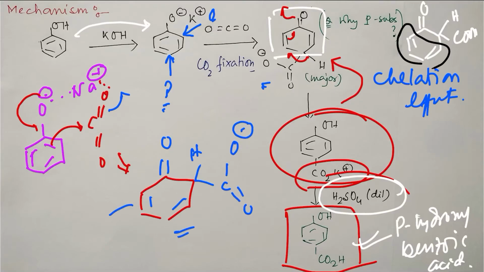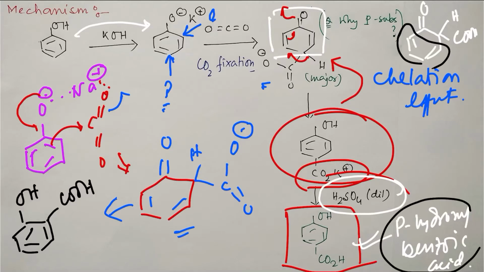Okay, and in this case, after aromaticity gaining, what does it result in? First of all aromaticity gaining, and second is reaction with dilute sulfuric acid. So here this is para-hydroxybenzoic acid, and in this case what do we get?